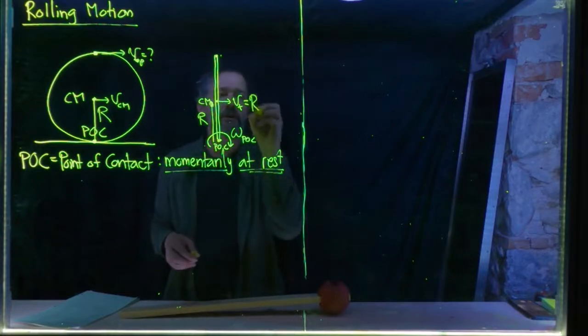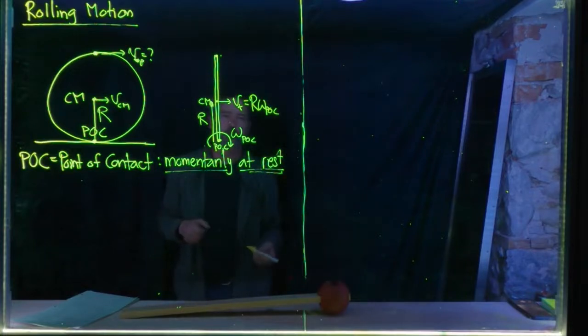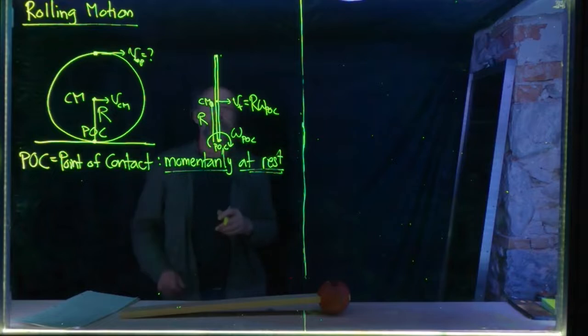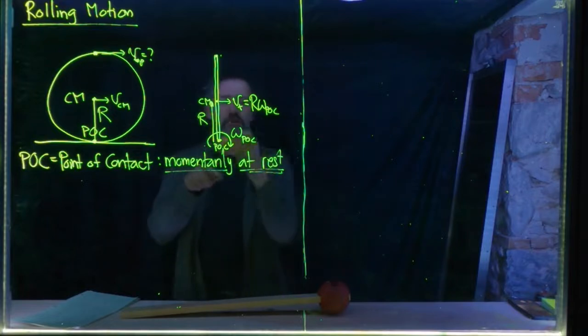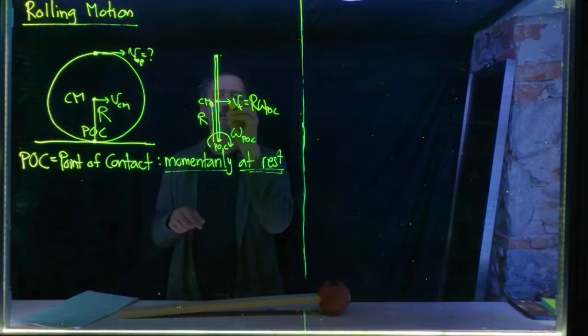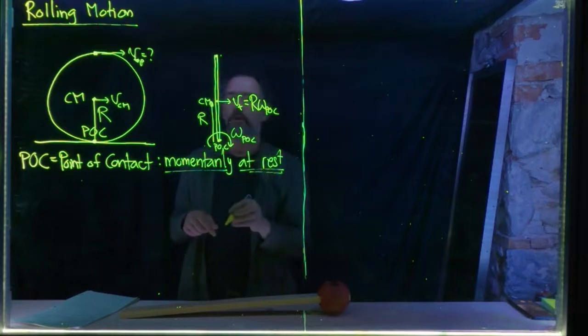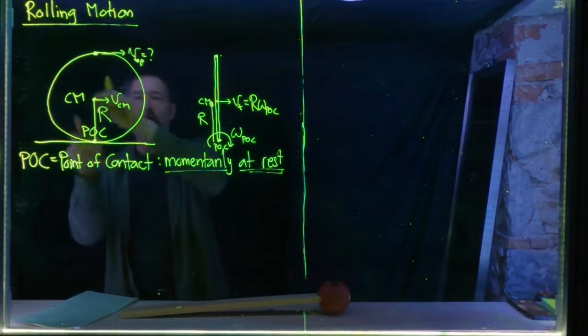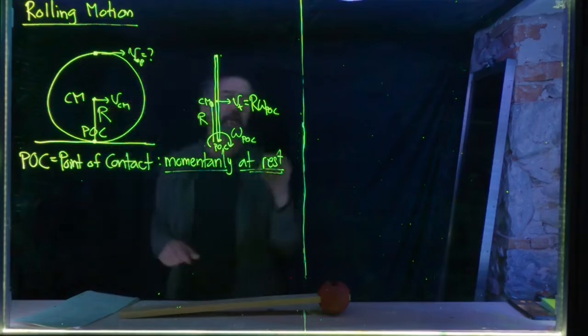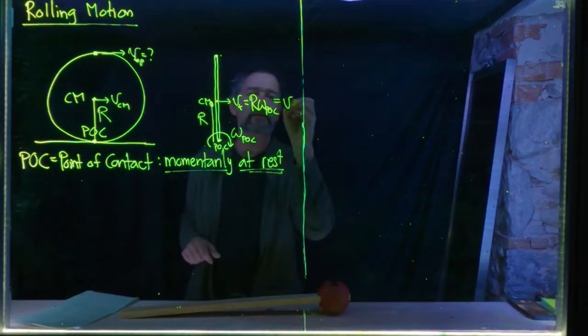So that's r times omega point of contact. And now, a crucial thing here is we have to choose omega point of contact such that r times omega point of contact is the desired velocity of the center of mass of the wheel as it rolls. So we set that equal to VCM.